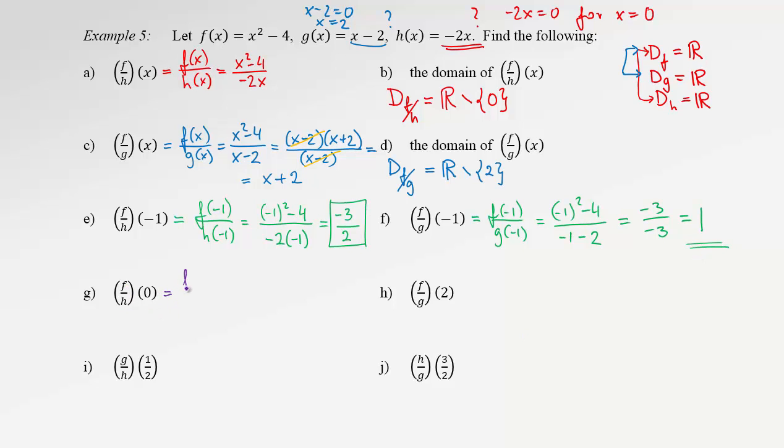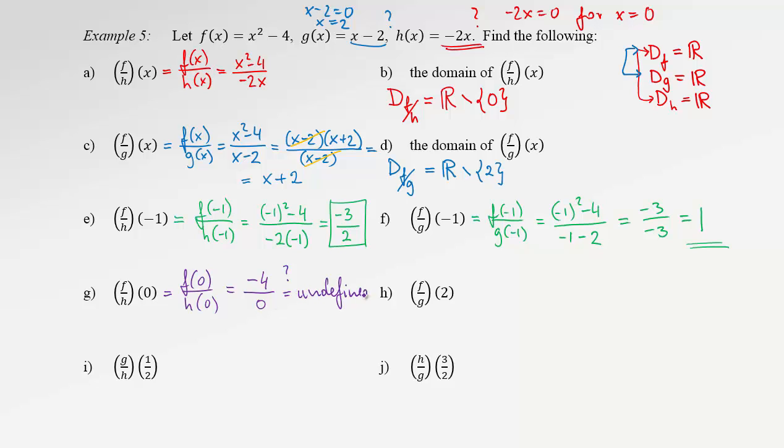Okay, let's see this value. Here we need to calculate f of 0 over h of 0. For f of 0, we replace x in the f function by 0. So it's 0 squared minus 4. That's -4. But h of 0, when we replace x by 0, we have value 0. So what's going on? We can't really divide by 0.